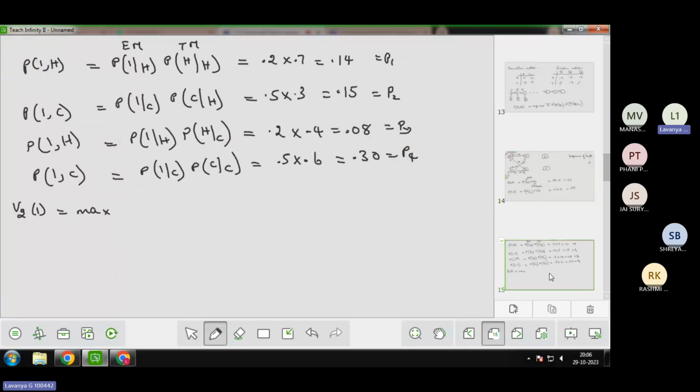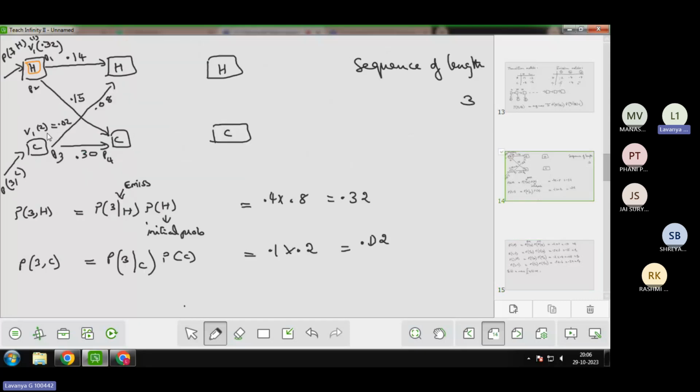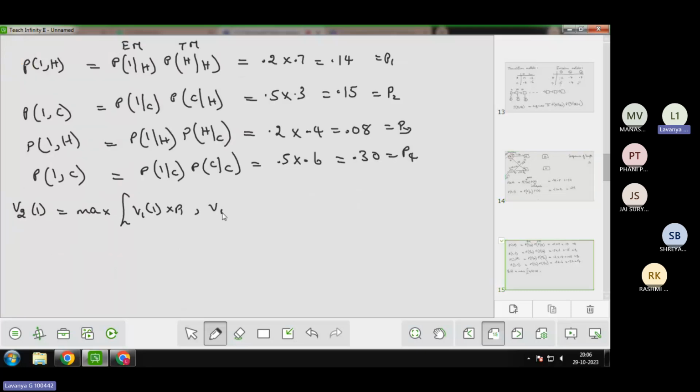So it is V1 of 1 into my P1 and V1 of 2 into P3, P1 of 2 into P2. So this value would be the maximum of 0.14 into 0.32, comma 0.08 into 0.02.